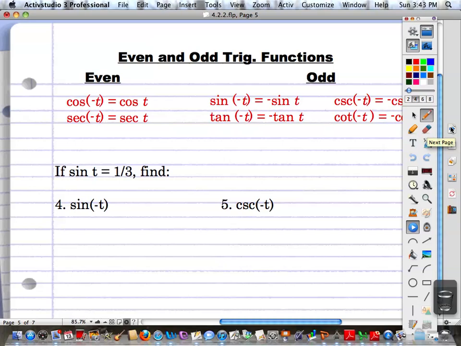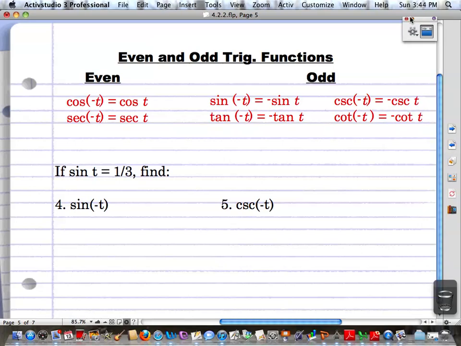The odd functions, right, notice that when I put in the opposite of t for my input, for my domain, then I get the opposite of the value that I got originally. So the sine of negative t, or the sine of opposite of t, gives me the opposite of sine t. Okay? And the same thing for tangent, cosecant, and cotangent, all of those functions that have y's in them.